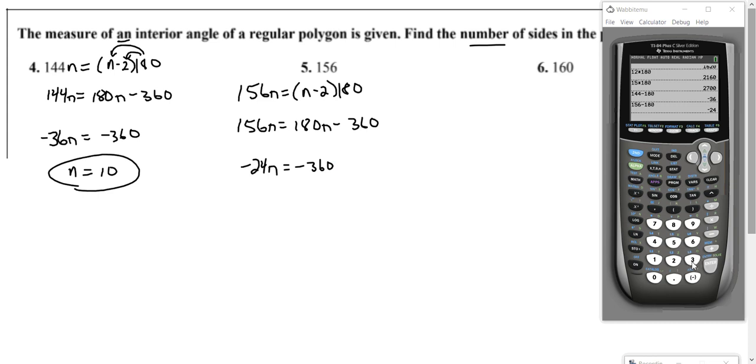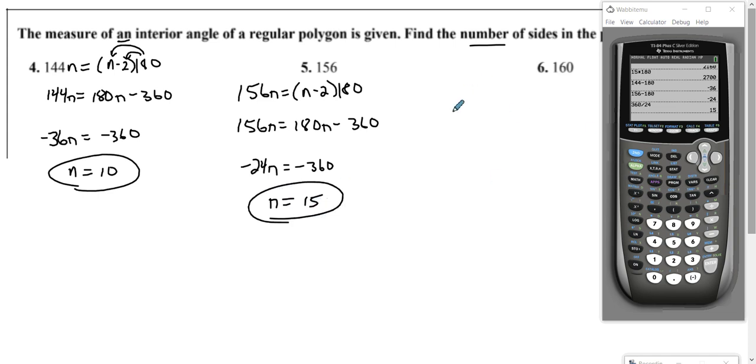And I know you might be thinking, what's negative 360? Well, it's negative 360 divided by negative 24, which is the same thing as 360 divided by 24. 15. So n equals 15.